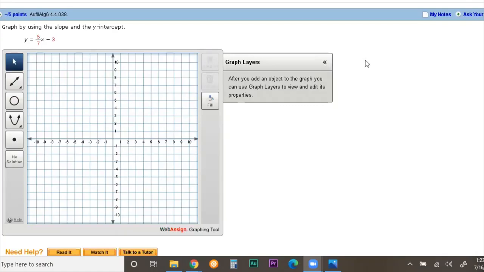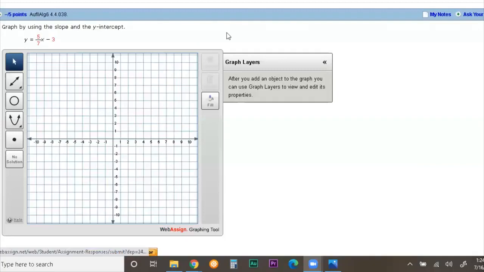I'll have to go back and show you guys that. I showed that in the actual class, so I'll go back and do that. But here, let's do the slope and y-intercept.